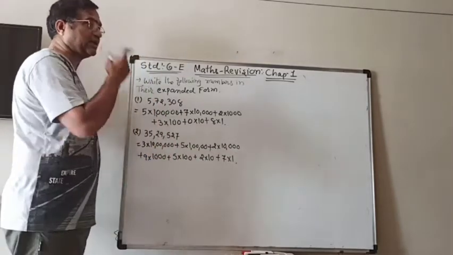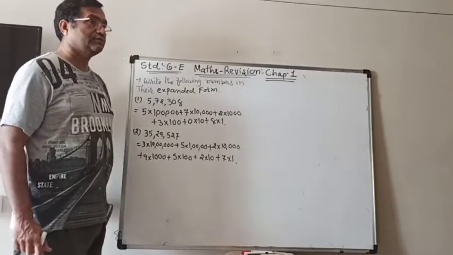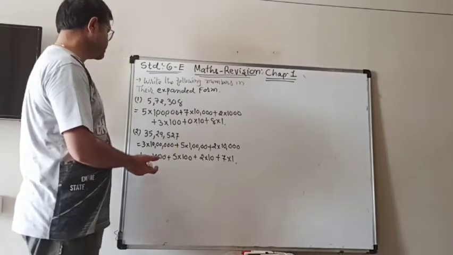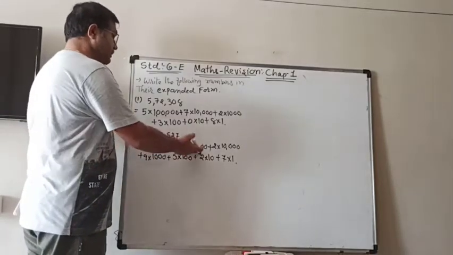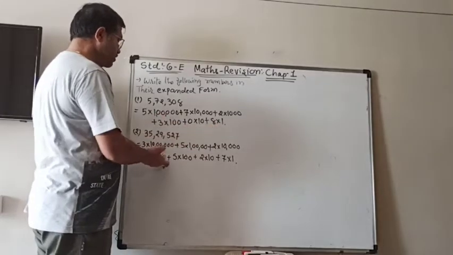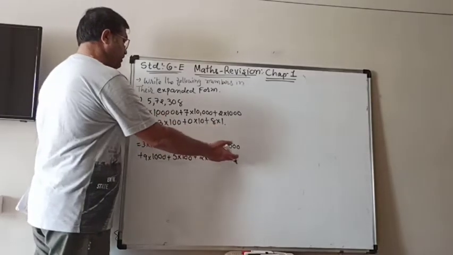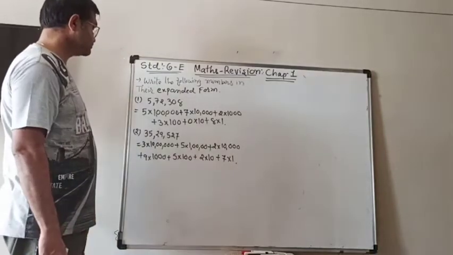So according to their place value, we have to multiply them with the 10 lakh, lakh, 10,000, 1,000, 100, 10 and 1.